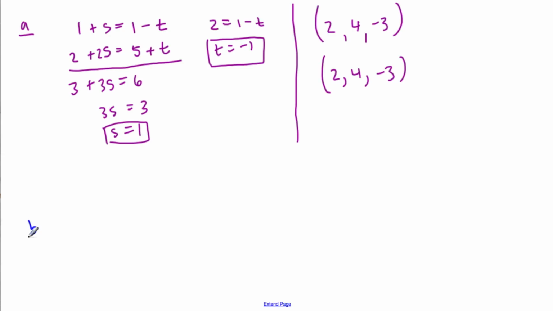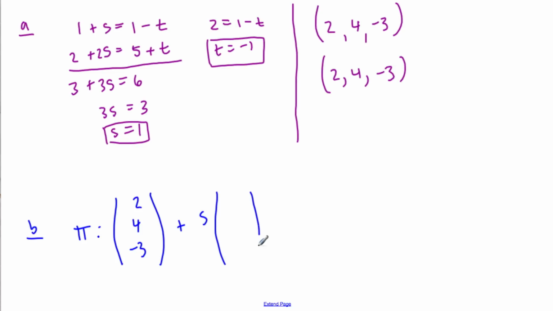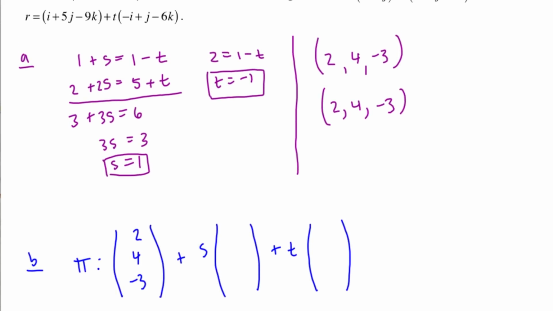Now for part B, I need a plane. So I'll call the plane (2, 4, -3). I'll just have it start here, and then I'll take the direction vectors of both the lines, and that will guarantee that the plane contains both the lines.